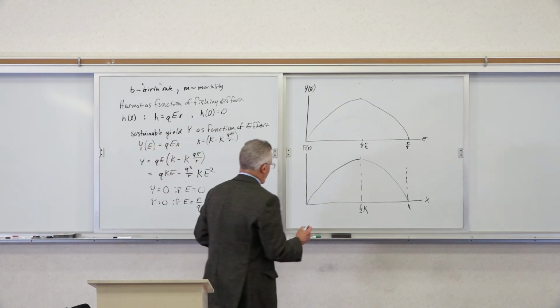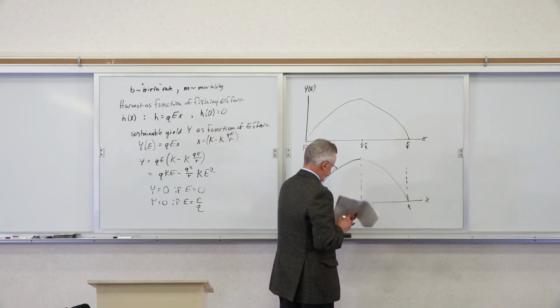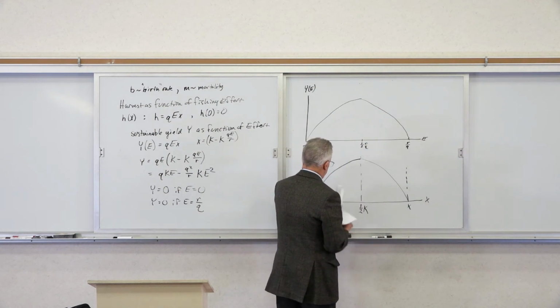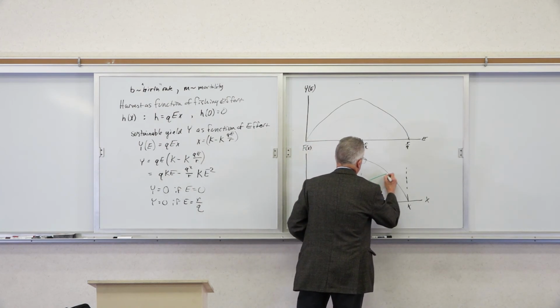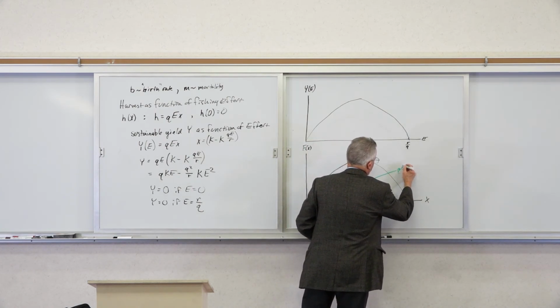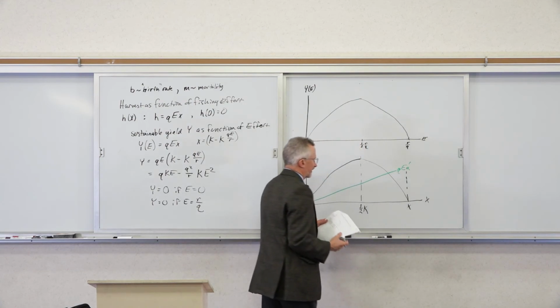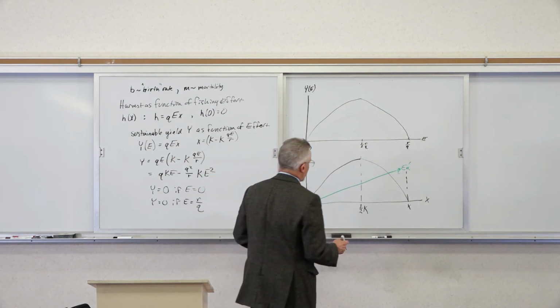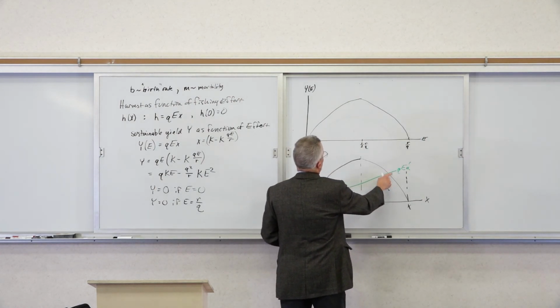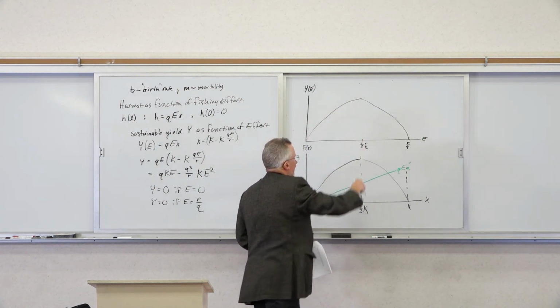Suppose that I'm at a point like, here's Q E prime X. Okay, great. And great. Where would that correspond to on this?